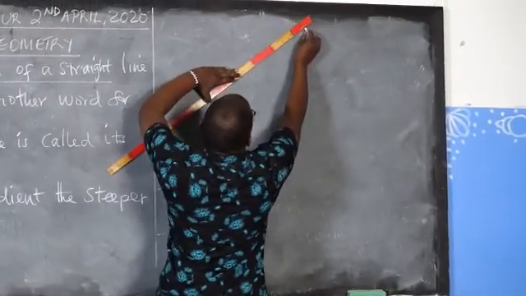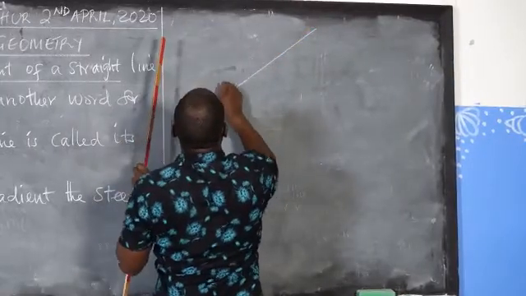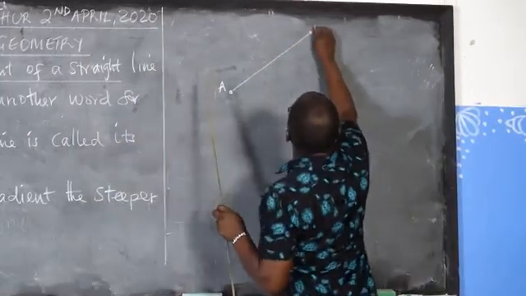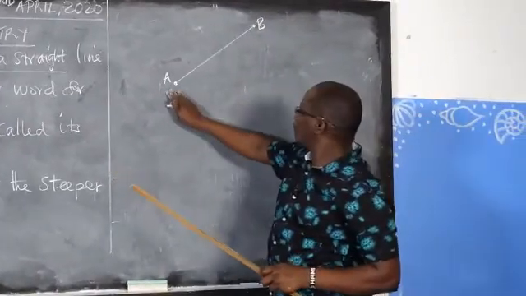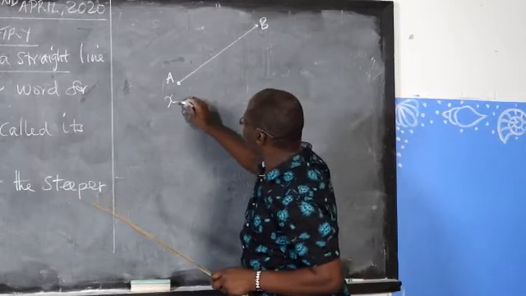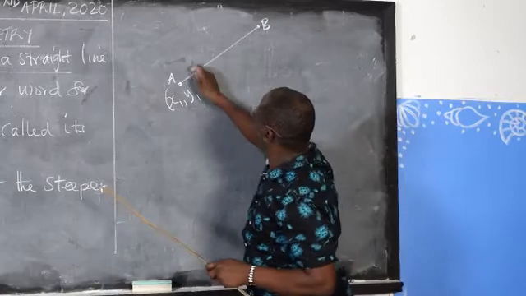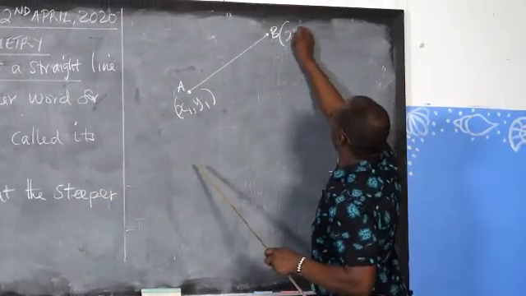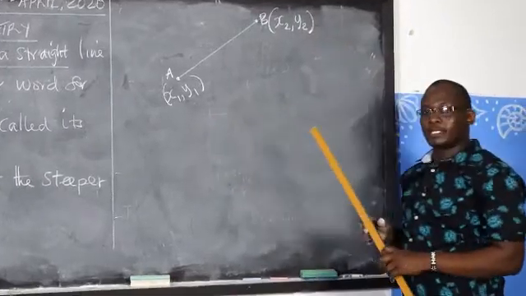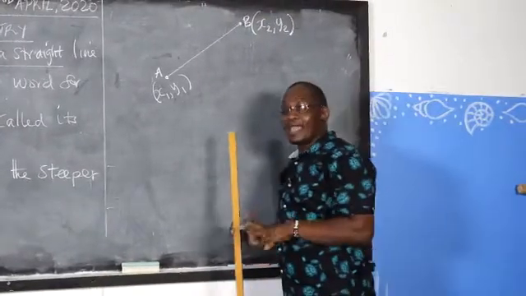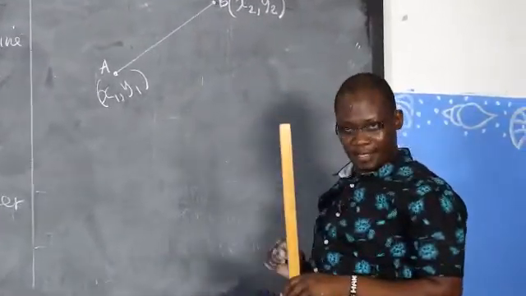So suppose I have that line. I have line segment AB, and the coordinates of point A are given as (x subscript 1, y subscript 1), and B (x subscript 2, y subscript 2). So always, to measure the gradient of a line, you simply need to draw a right angle triangle on that line.